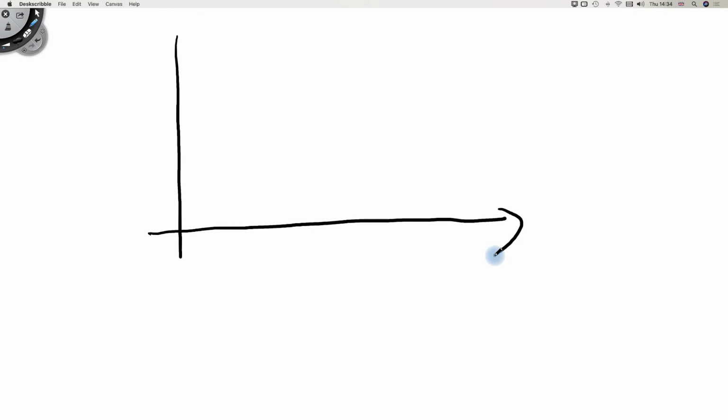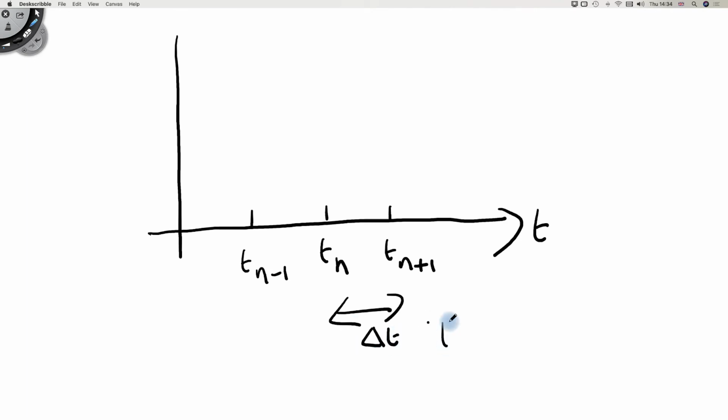So this is where a diagram comes in, and you can see the detailed line in the lecture notes. I'm just going to draw it out because I feel that it sort of paces things. That's t, and we've got our time steps: current time step, new time step, old time step, and obviously they're separated by delta t, which is your time step.